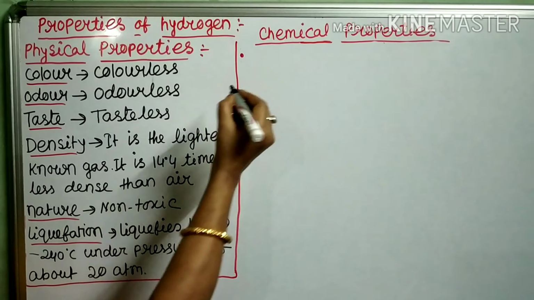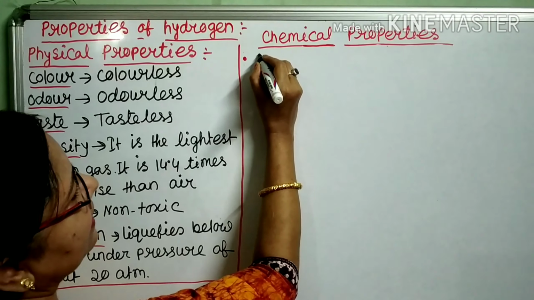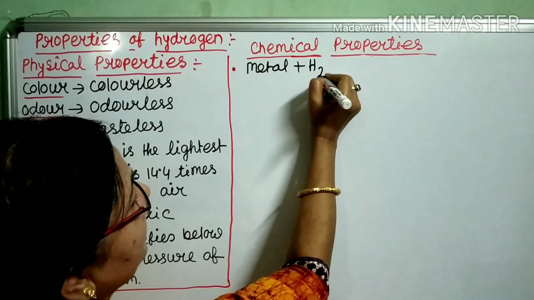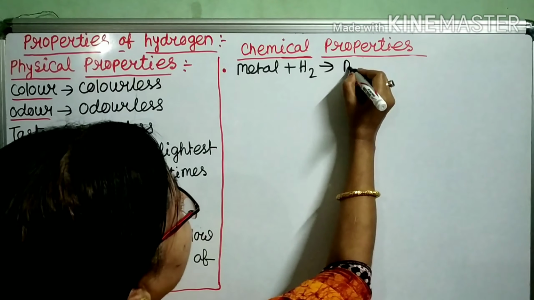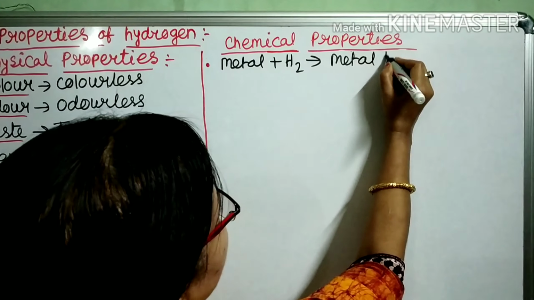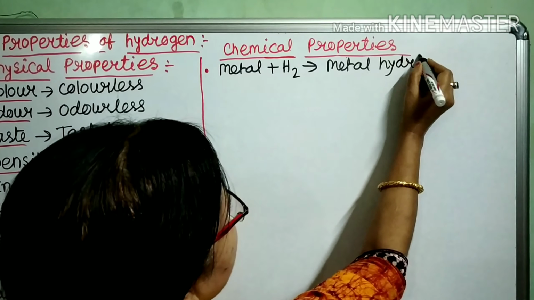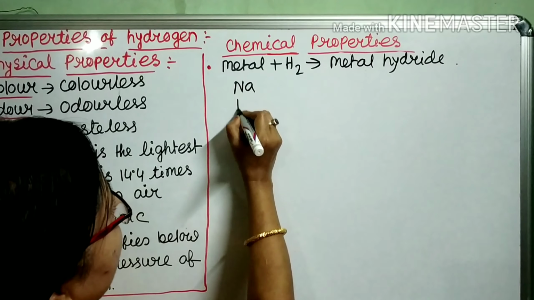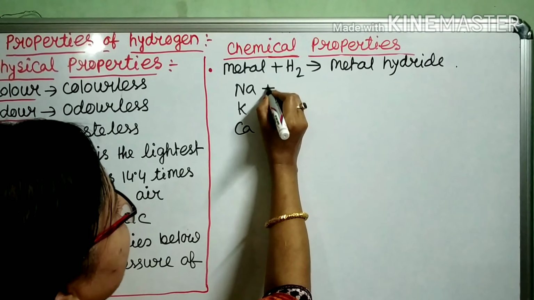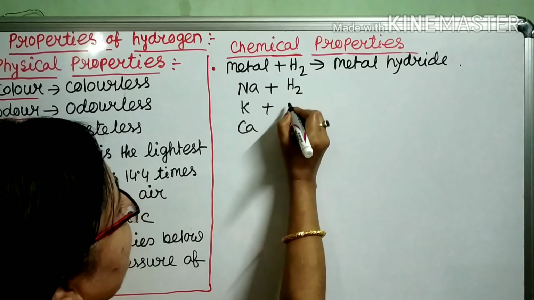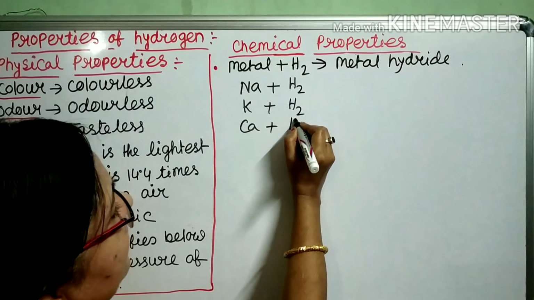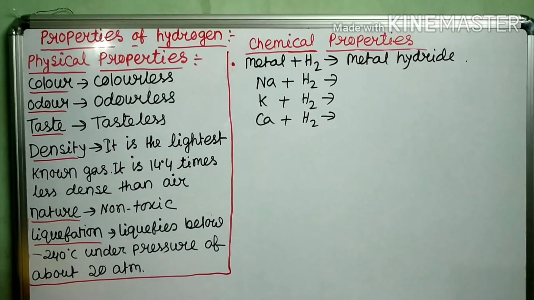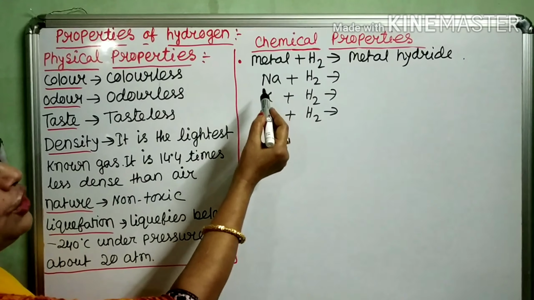Now chemical properties. When hydrogen reacts with a metal, a metal hydride is formed. See the example: sodium, potassium and calcium plus hydrogen. In this case, hydrogen acts as a non-metal, as a metal has a tendency to lose electrons and make electropositive ions.